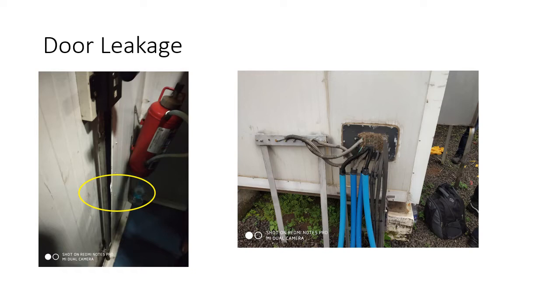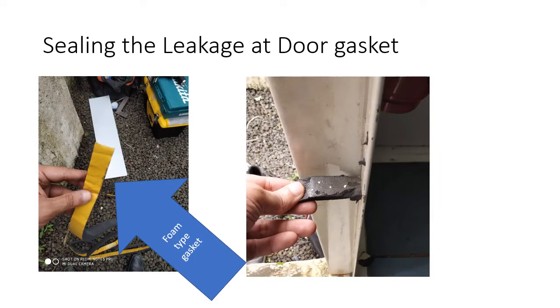In the next slide we will show you what remedial action can be taken which is durable and economical to arrest the gasket leakage. To arrest the leakage of gasket, there is no need to replace the full gasket altogether.